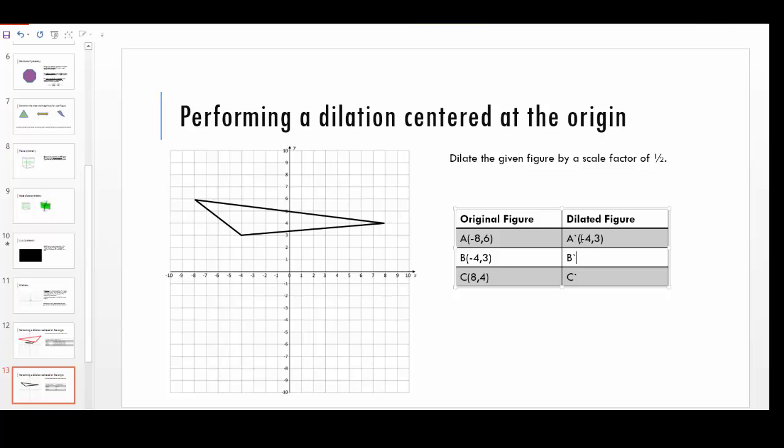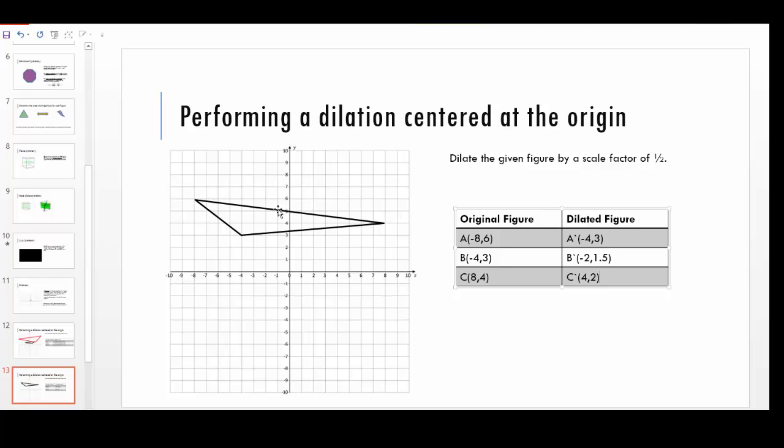The B coordinate is going to turn to a -2, and the y coordinate is going to turn to a positive 1.5. And lastly, the C coordinate is going to turn to a 4, and the y coordinate is going to turn to a 2.